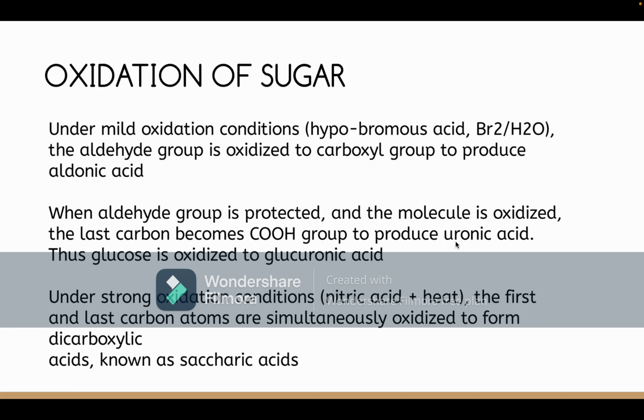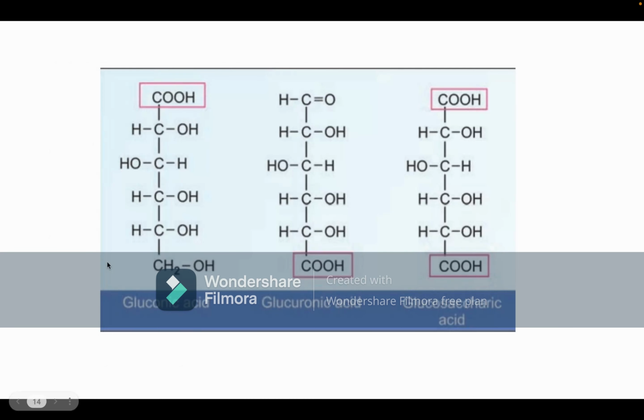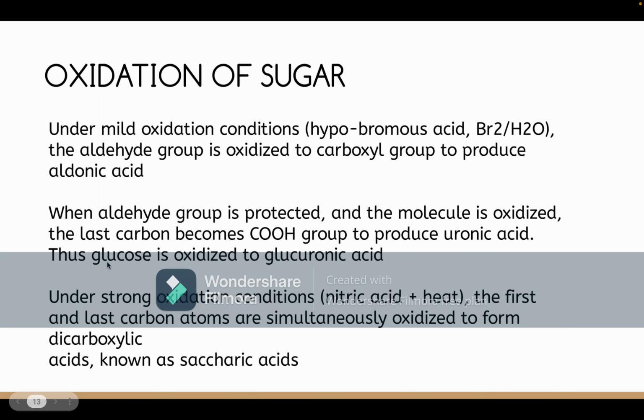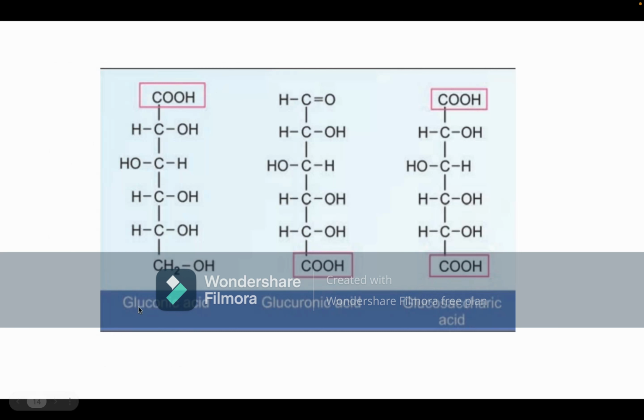Example is glucuronic acid. So in this figure you can see gluconic acid, where the first aldehyde group is oxidized, and glucuronic acid, where the last carbon is oxidized because the aldehyde is masked and cannot be oxidized.